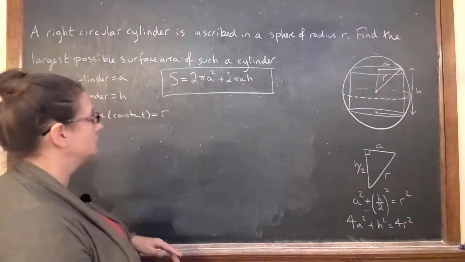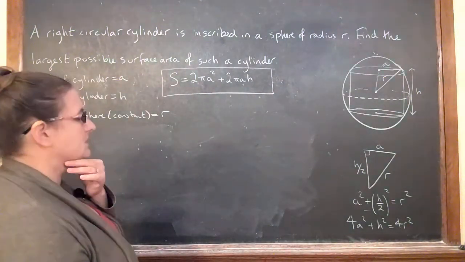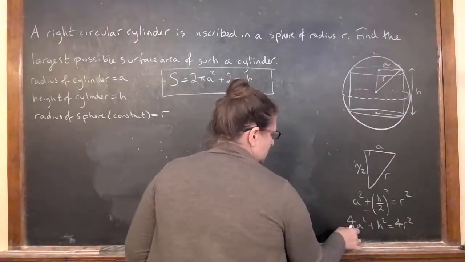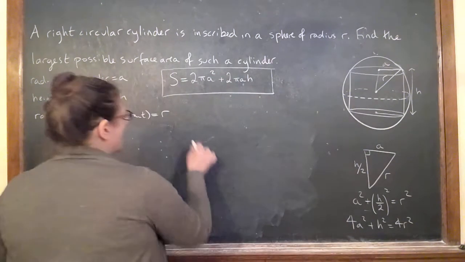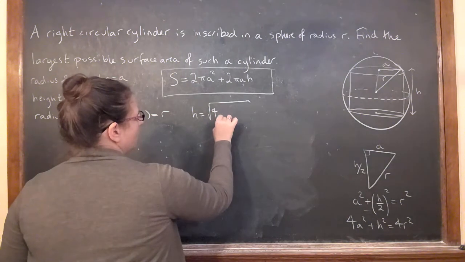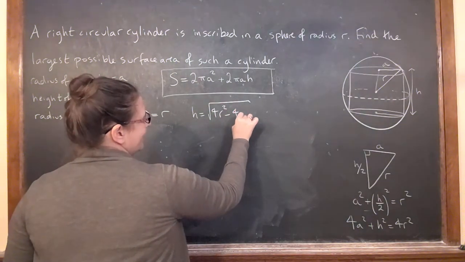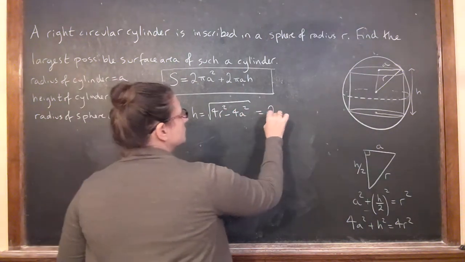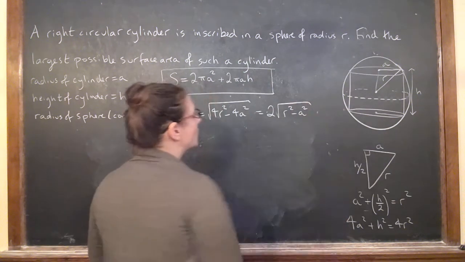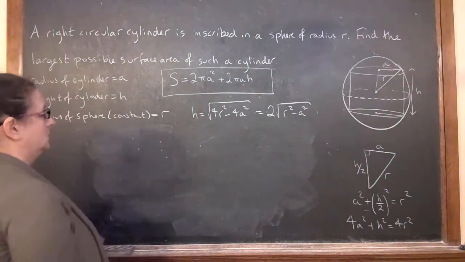So what I want to do, it's going to be easiest probably to eliminate H, right? So if I solve this, I can get H being the square root of 4R squared minus 4A squared, or 2 times the square root of R squared minus A squared. Now remember, R is a constant.